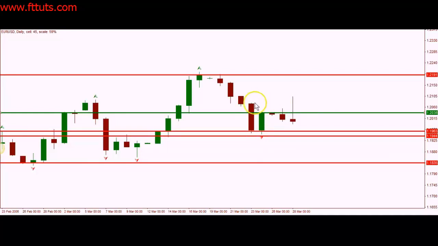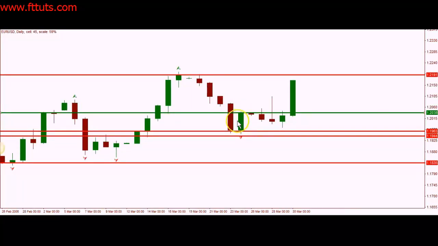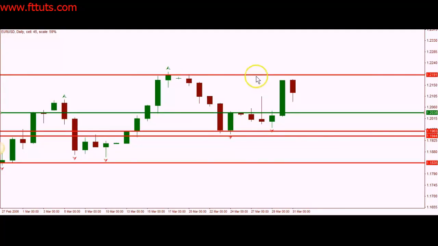And again, if you would have taken an entry here, you would have been sitting in a trade, still sitting. So let's see what the market does, and you're still inside of this candle, and then finally the market takes off. So you never got stopped out. You were sitting in a trade that wasn't doing much for a little while, and then the market takes off.